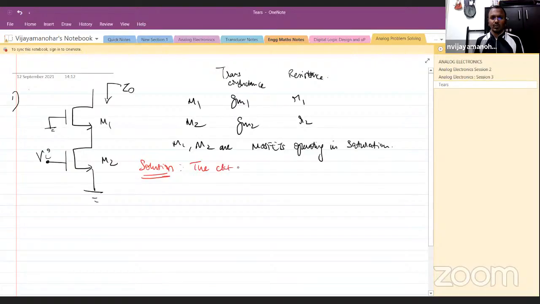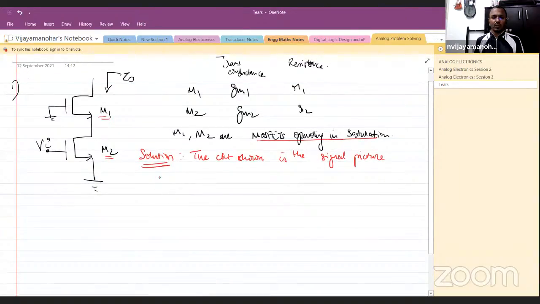The circuit shown is the signal picture, because they have already told the MOSFETs are working in saturation region. That means there is some biasing circuit and other circuits which is making M1 and M2 work in the saturation region, which is not shown. So they have shown only the small signal picture of the circuit, and they're asking you what is Z0. So let us draw the equivalent circuit.